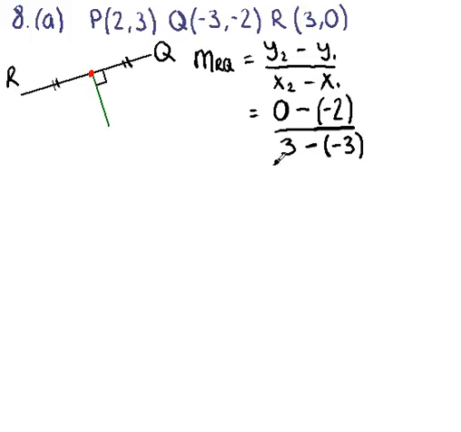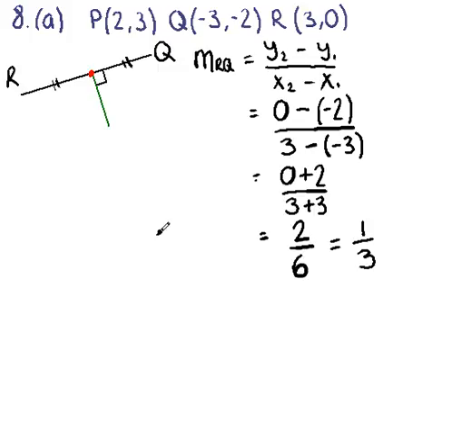That gives us 0 minus minus 2, which is 0 plus 2. And on the bottom line, we have 3 minus minus 3, which is the same as 3 plus 3. So that gives us 2 on the top, and 6 on the bottom. So 2/6, which can be simplified to 1/3. So the gradient of the line RQ is 1/3.